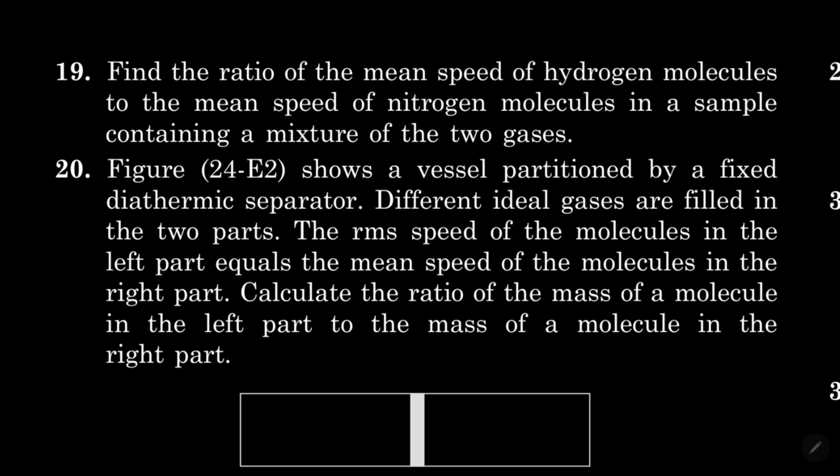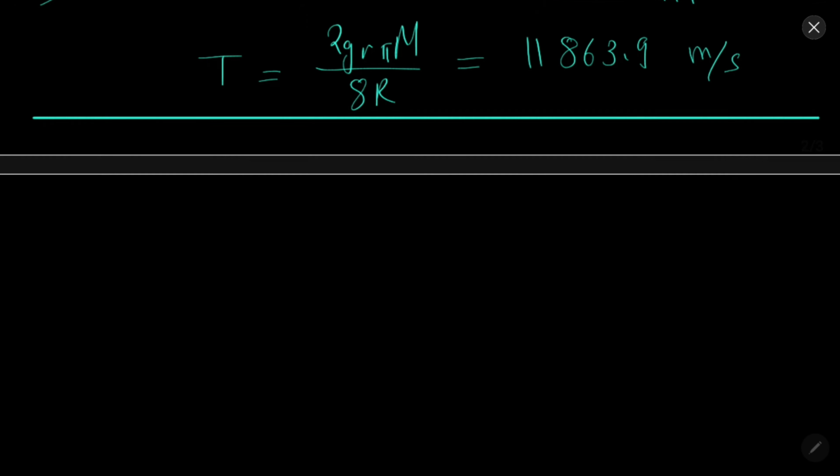In question 19, we need to find the ratio of the mean speed of a hydrogen molecule to a nitrogen molecule. So this is solution 19. V average equal to root 8RT over pi m.